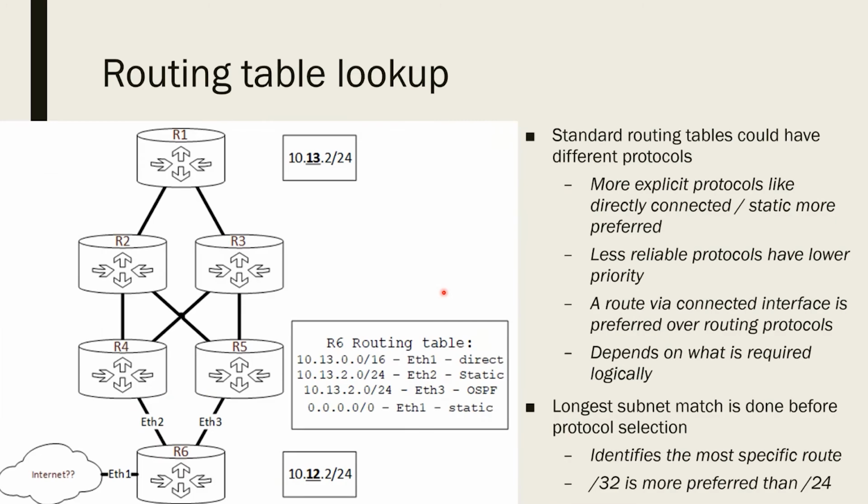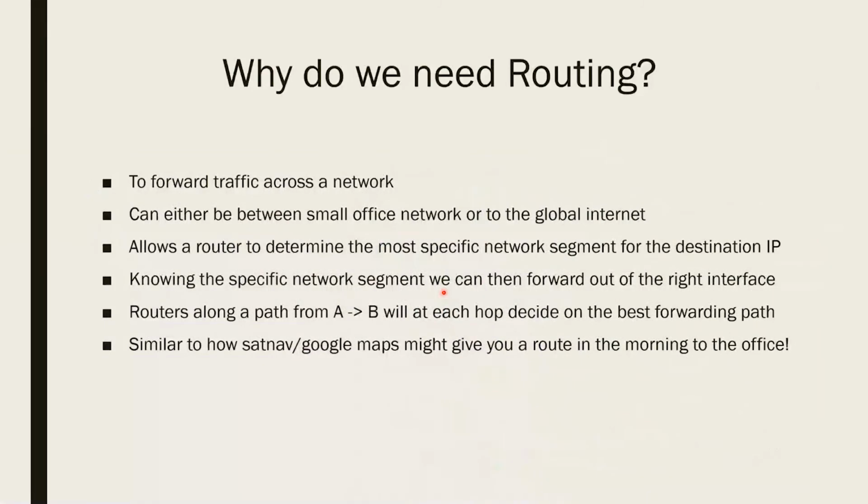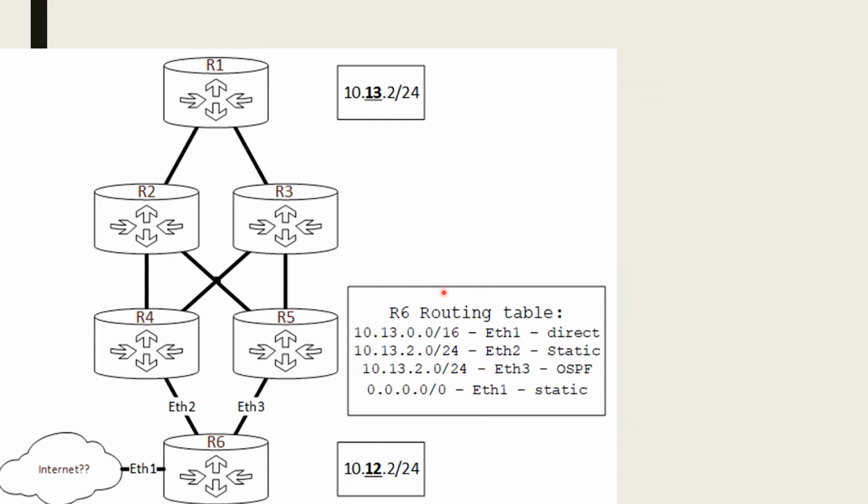So one function of routing is that we're looking for the most specific network segment in our routing information, in our routing table, to say, well, that's the most specific, we want to go in that direction. So as we hop across a layer 3 domain, let's say we are on R6.